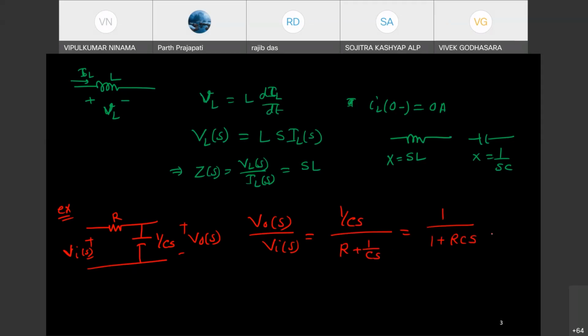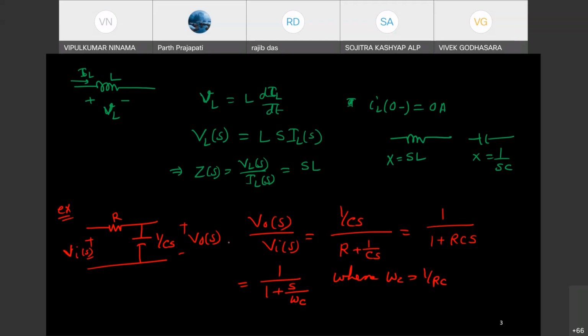Okay. So this we can write as 1 upon 1 plus s upon omega_C, where omega_C equals 1 upon RC. Right? So RC is the time constant, and 1 upon the time constant is your cutoff frequency.